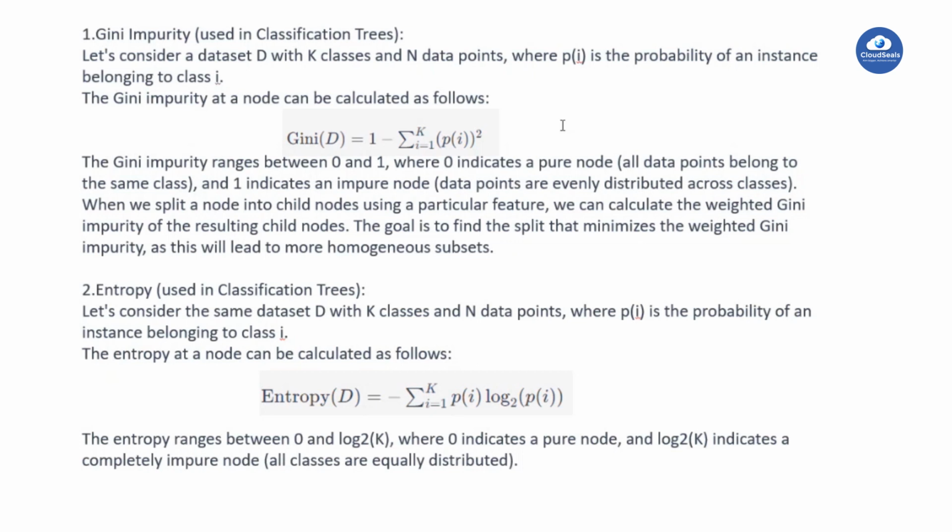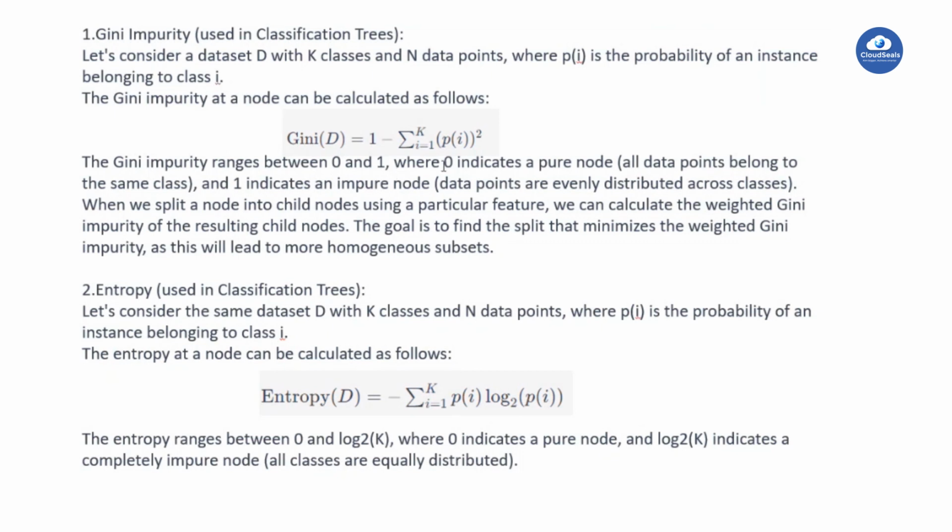The probability for class 0 is 0.3, for class 2 it is 0.3, and for class 3 it is 0.4. So the sum of all probabilities is 1. That's why we subtract from 1, and that's why Gini impurity ranges between 0 and 1. It won't go less than 0 and it won't go more than 1.